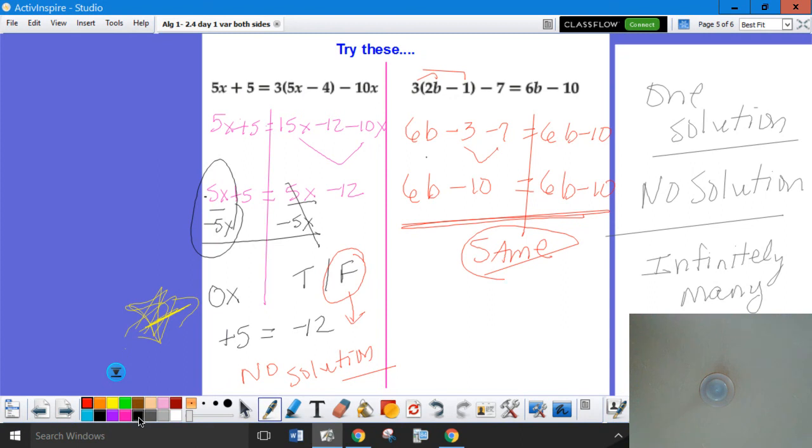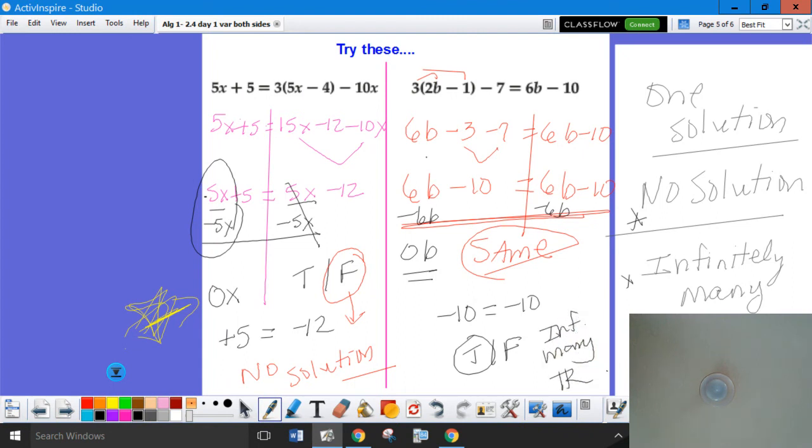Okay, they're exactly the same. So that means if I subtract my 6b, there's my 0b. Okay, that's going to flag that I've got either no solution or infinitely many, and I'm left with negative 10 equals negative 10. Notice that that is definitely a true statement.